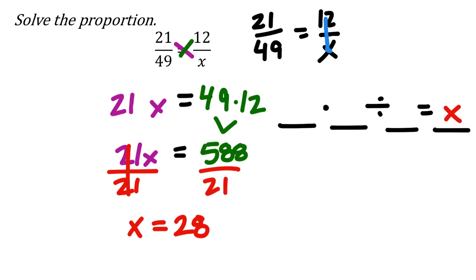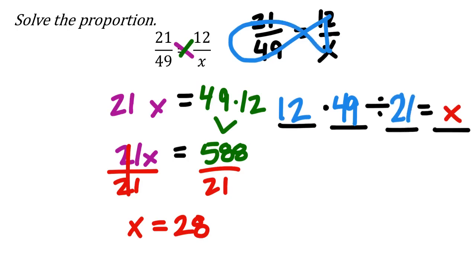That's the first number I encounter, which means it's the first number in the list. Then I cross over downwards into the 49. That's the next number I encounter, so it's the next number in the list. Then I've already created the tail, so I need to create the head of the fish. I come back around to the 21, which is the next number I encounter, and we should end at the variable, which is x.